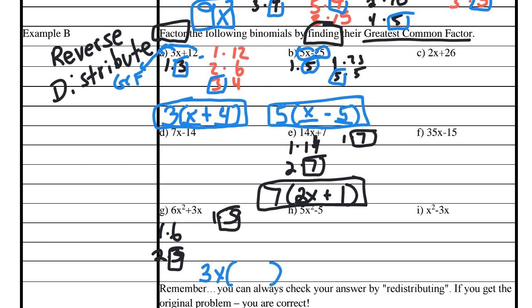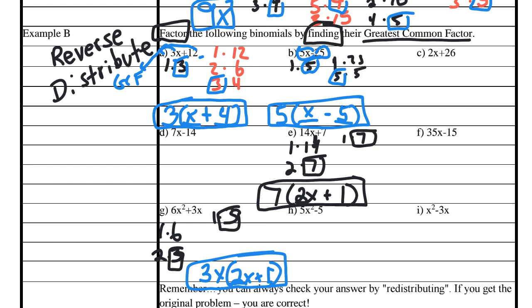Then do your parentheses. 3x times what gets me 6x? Well, I know 3 times 2 gets me 6, and if I have 1x here, that means I need an x inside to get me 2x. And then 3x times what gets me 3x? Well, 3x times 1 gets me 3x. So that is going to be 3x times 2x plus 1.